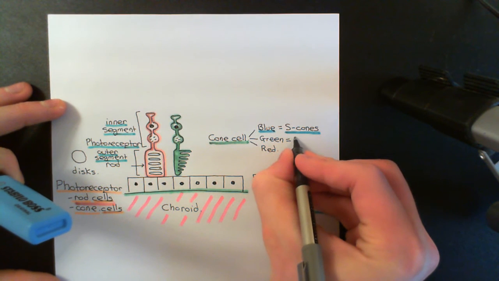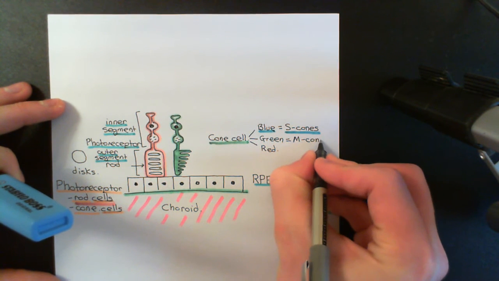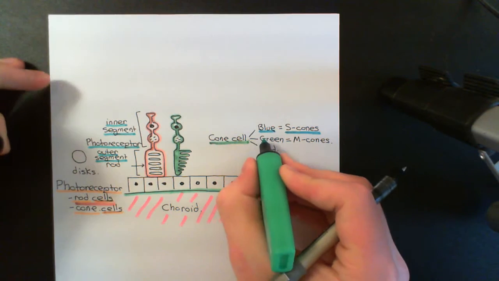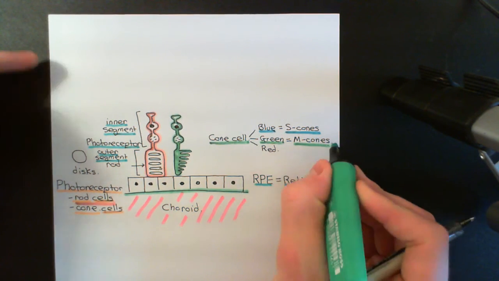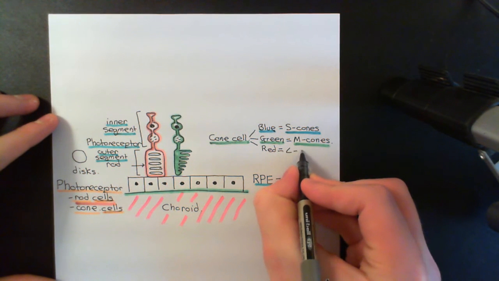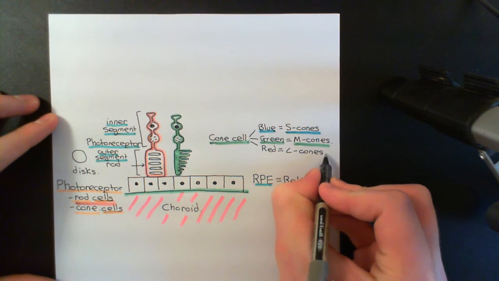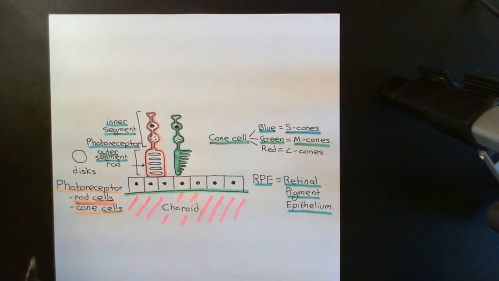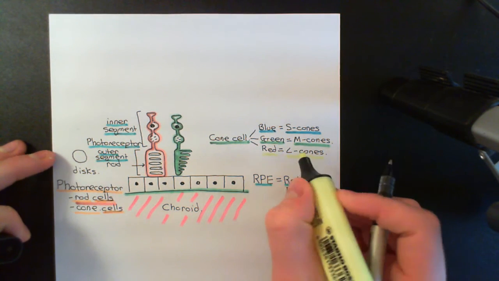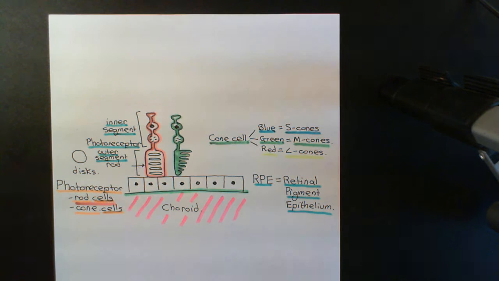The green cones, remember green is in the middle, so medium wavelength cones, the M cones. Okay? And then finally, what we used to call the red cones, we now call those the long wavelength cones, so we call them the L cones. And I won't underline that in red because they more absorb in the yellowy orange spectrum rather than the red spectrum.